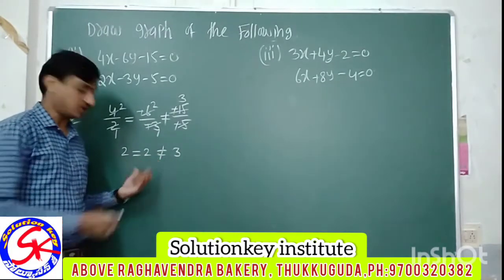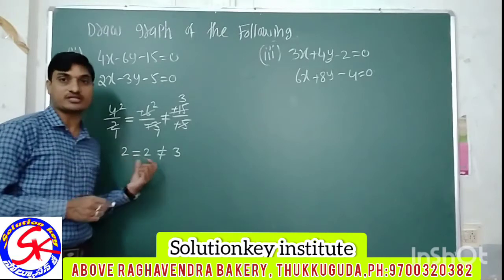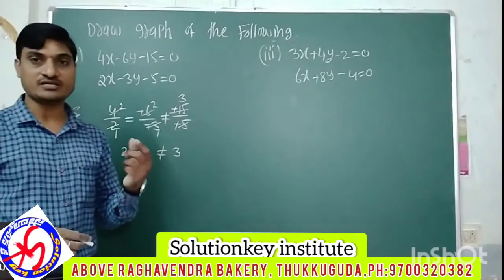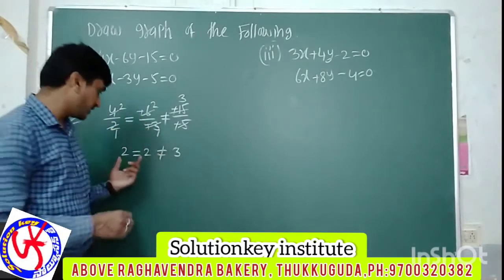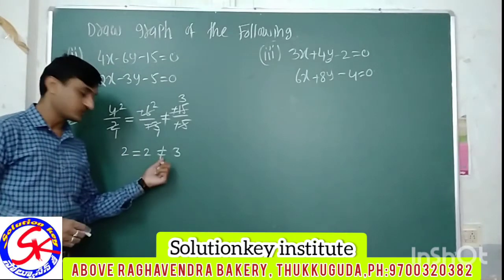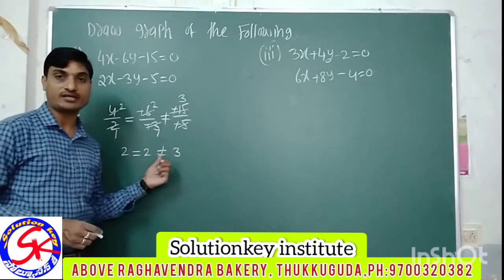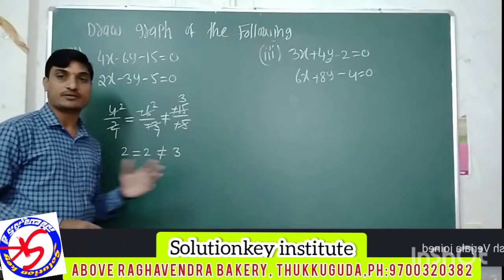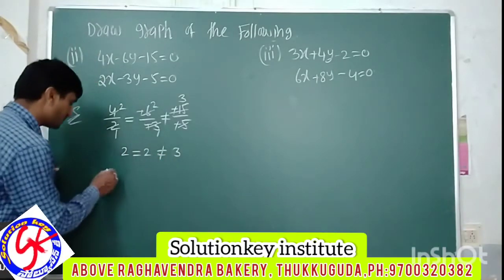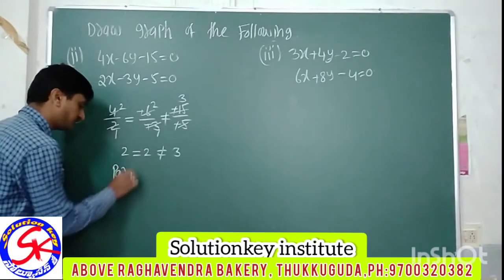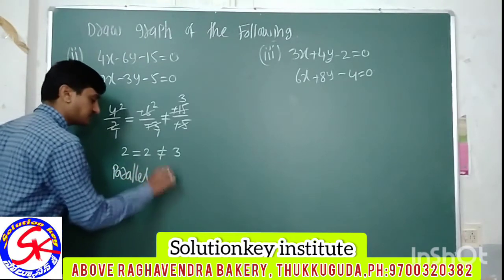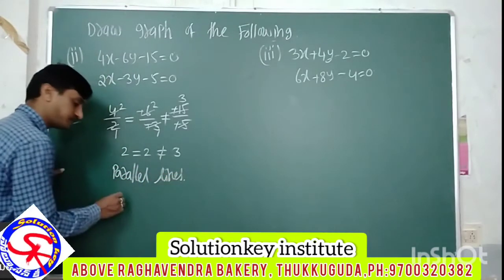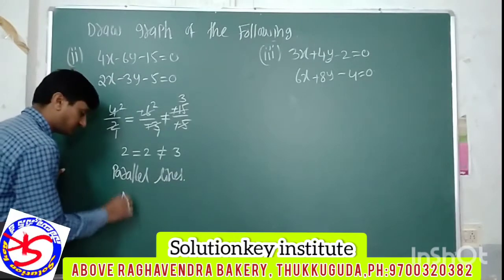What is the condition now? If the first two are not equal, the two lines are intersecting lines. But here the first two are equal and this third one is not equal. Then this type of lines gives parallel lines. So what do you get? Parallel lines and no solution.